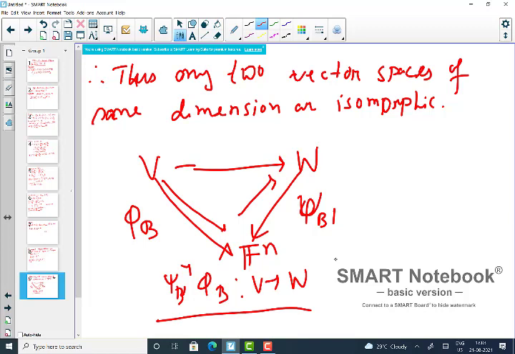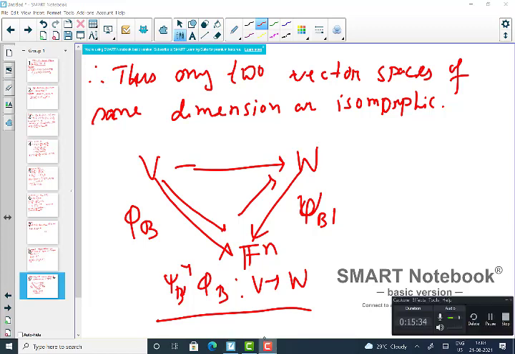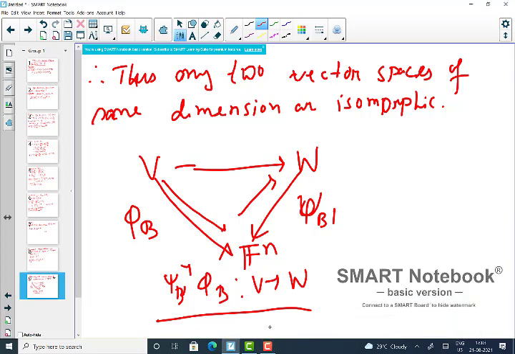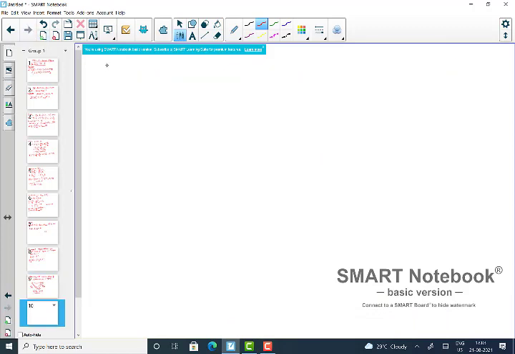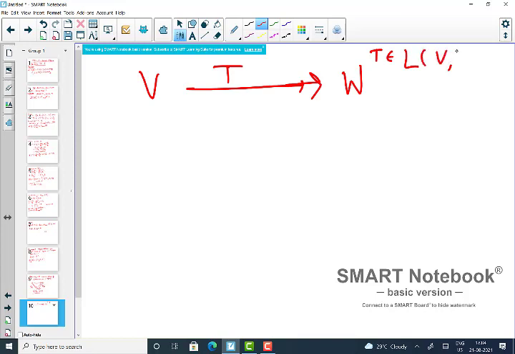Okay. So what happens if you don't have the same dimension? In that case, suppose you have V and W, and you have a linear map T, an element of L(V,W).